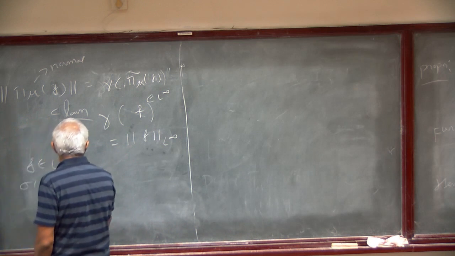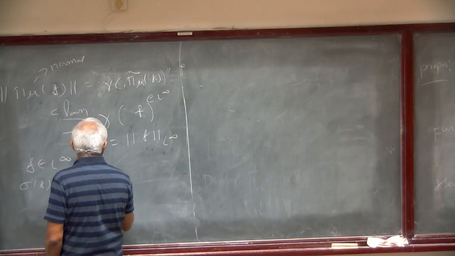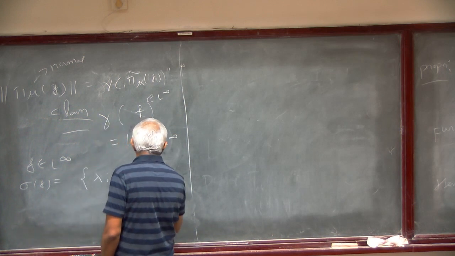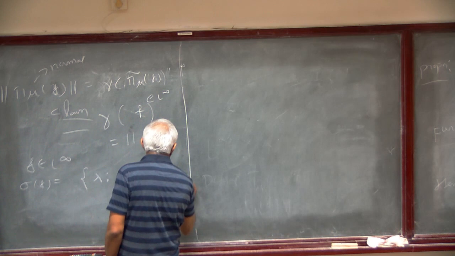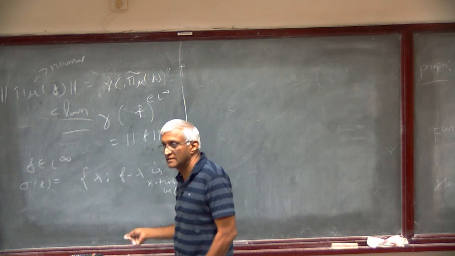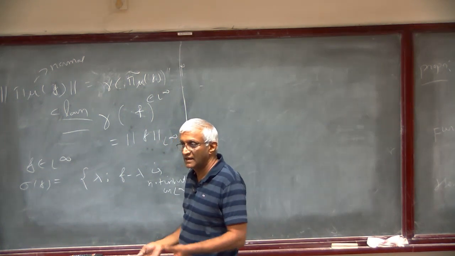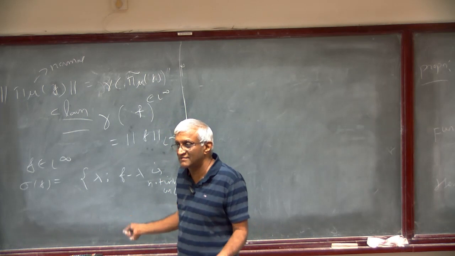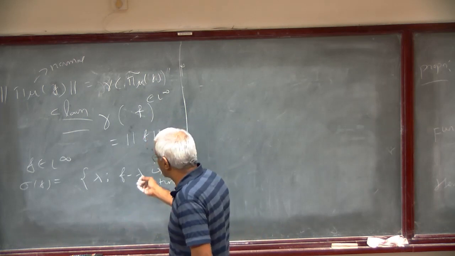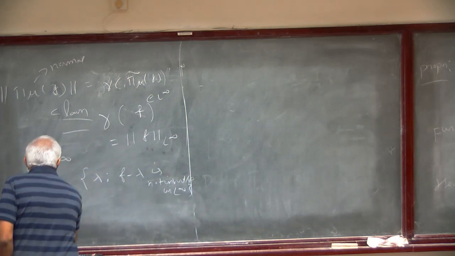It is all those lambda such that F minus lambda is not invertible in L infinity, right? By definition, in the C-star algebra, it's not invertible. That's the definition. So sigma F is this.